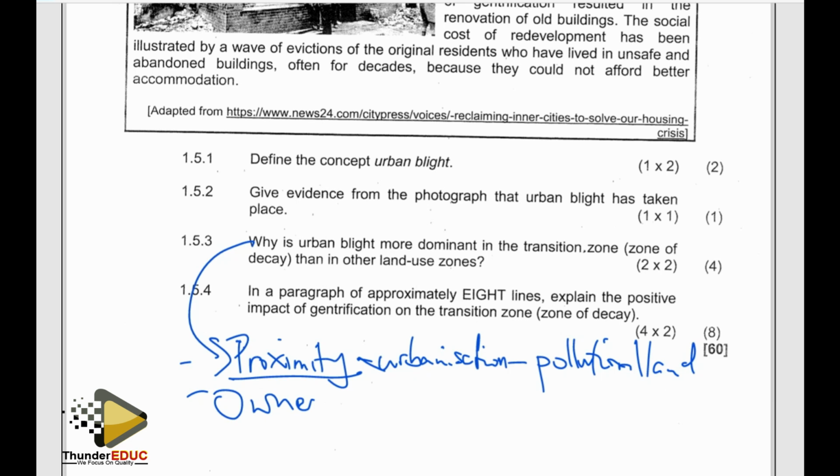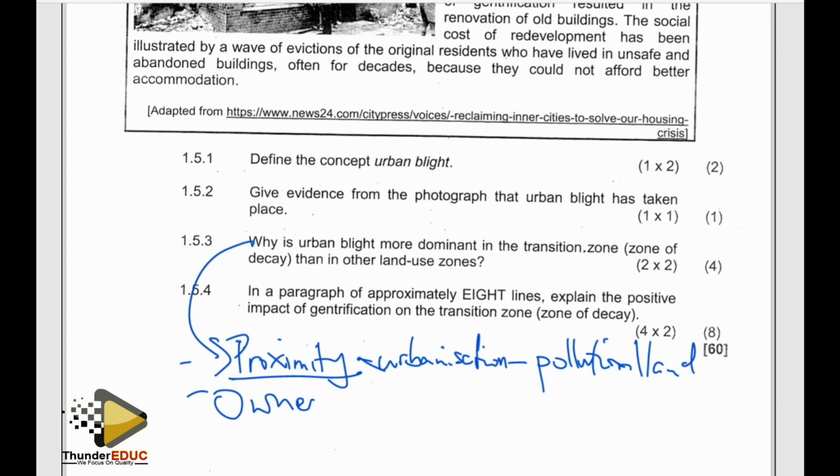They will be speculating. Remember, the transition zone is the future of the CBD, if the CBD expands into the zone of transition. So the owners of such properties in the zone of transition, they speculate.